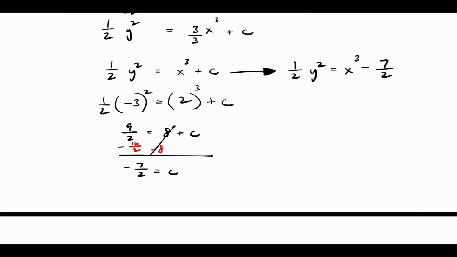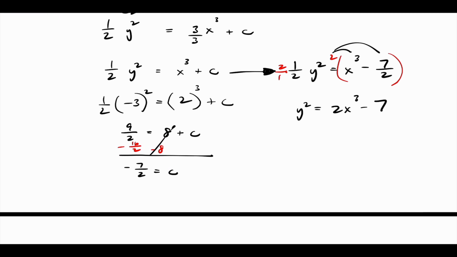Solve for y. Okay, well, the first thing I have to do is multiply both sides by 2 to get rid of the 1/2. So I get y squared equals, I distribute, and you're going to get 2x to the third minus 7.